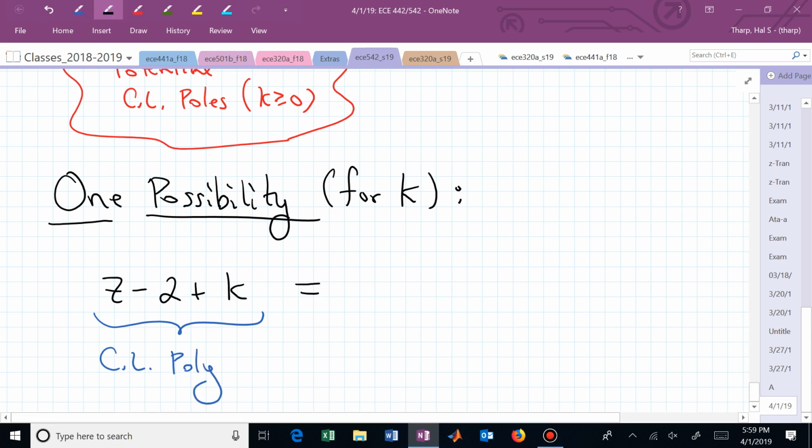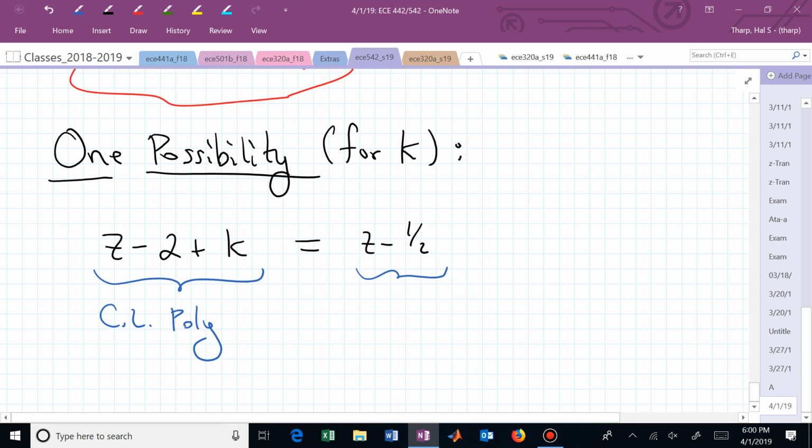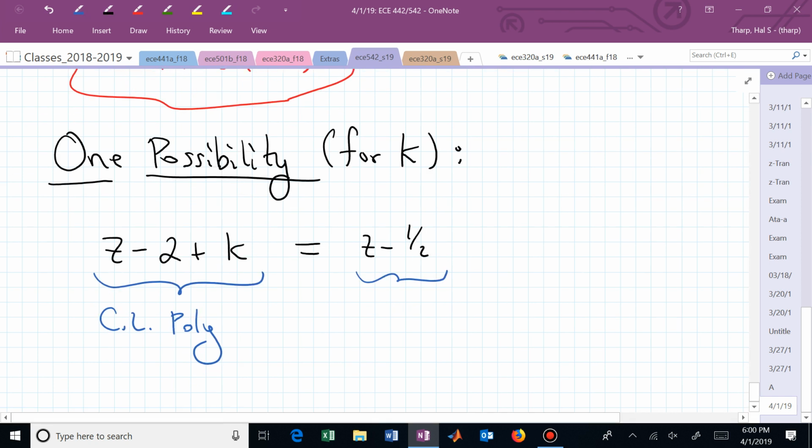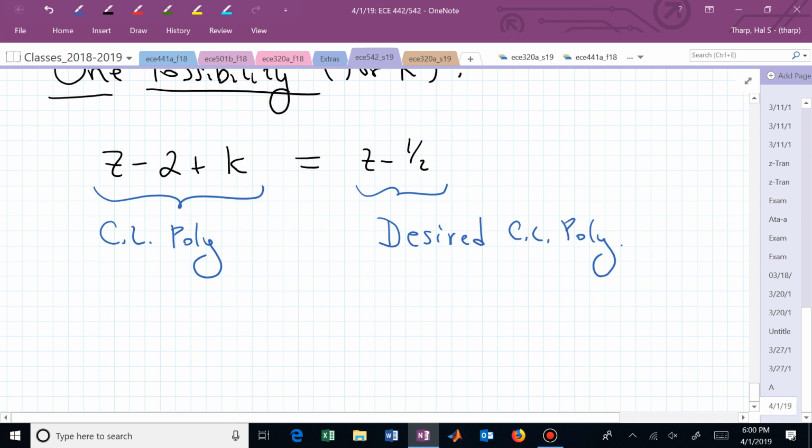We could say, well, I want that to look like a desired closed loop polynomial, and that I might say is z minus 1/2. This is now where I would really like my closed loop polynomial to look like. This is now a desired closed loop polynomial, and you can make that happen by the appropriate choice of k.